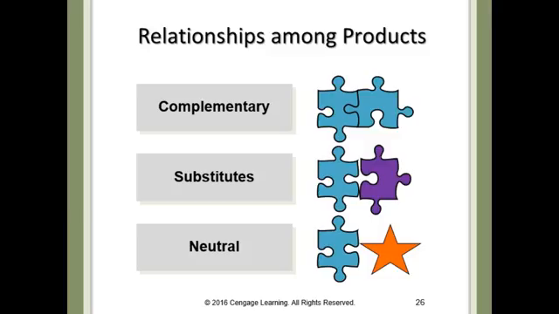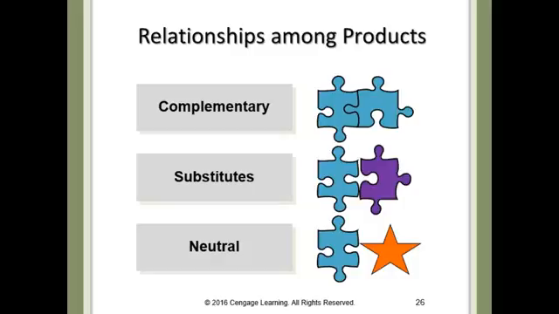Now, when you're setting product line prices as a manager, one of your first things to do is to determine the relationship among the products in the product line. Complementary simply means an increase in the sale of one of the goods in the product line causes an increase in demand for a complementary product in that product line as well.